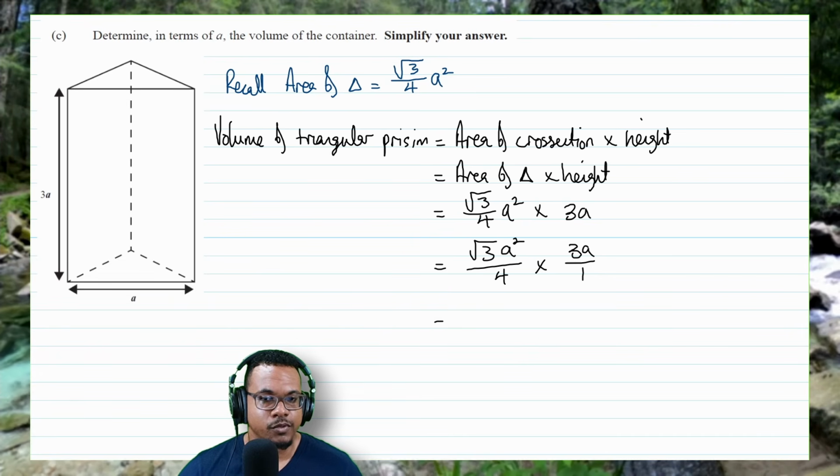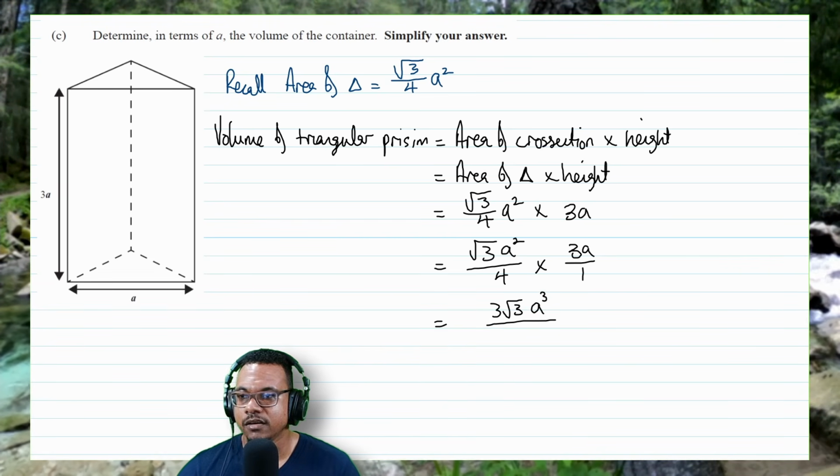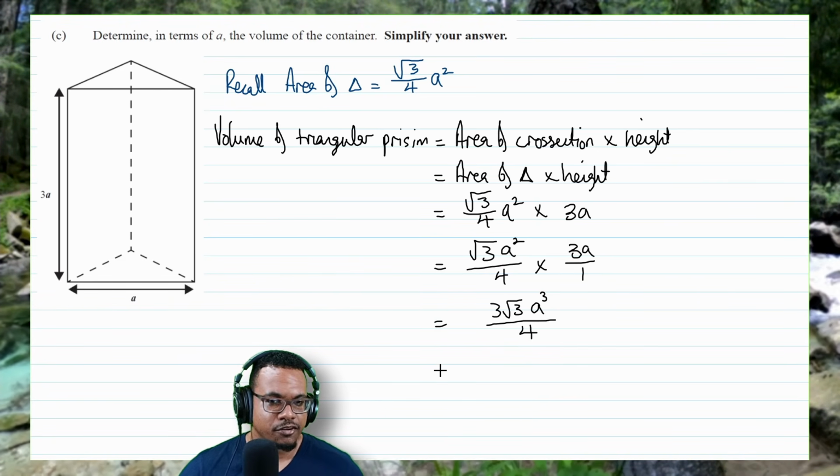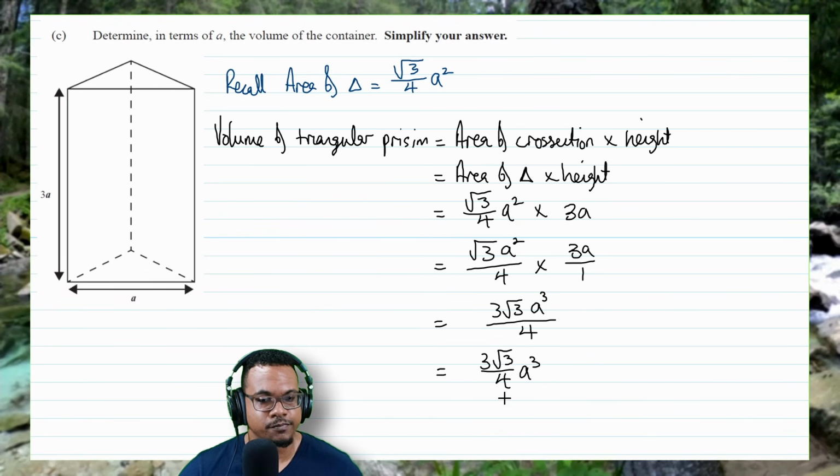So in the numerator we're going to get 3 times the square root of 3, and a squared times a will give a cubed, over 4 times 1, which is 4. So we can write this as 3 root 3 over 4 a cubed. And that will be the volume in terms of a.